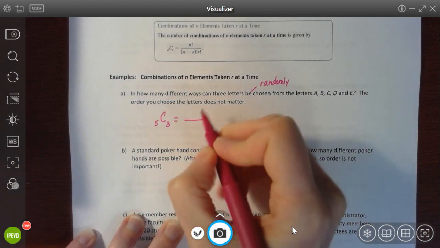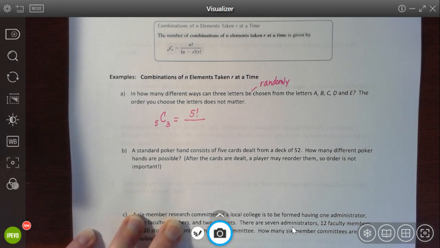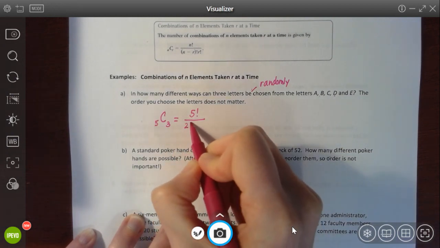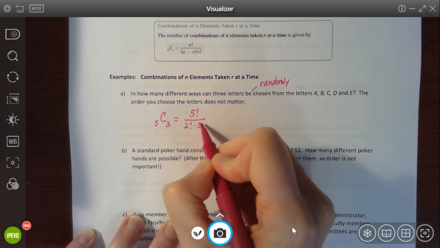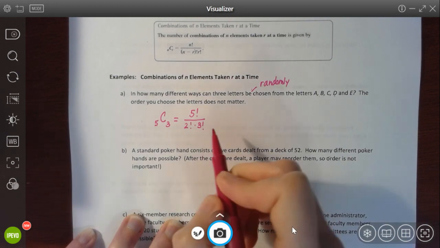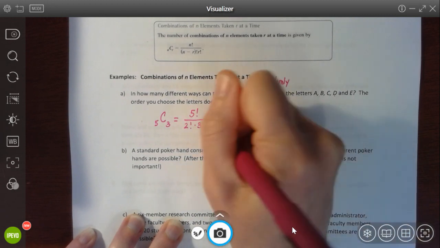So to set up my fraction, I'm going to put in my numerator 5 factorial. In my denominator, I'm going to take 5 minus 3 and get 2 factorial, and then I'm going to multiply by that r. So my denominator is going to be 2 factorial times 3 factorial. And these 2 numbers should always add up to be your total set.